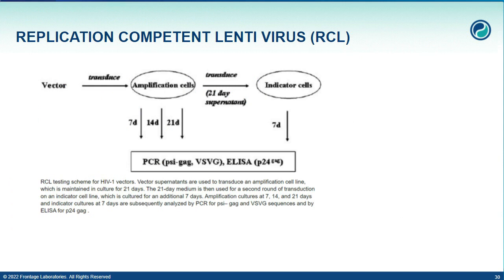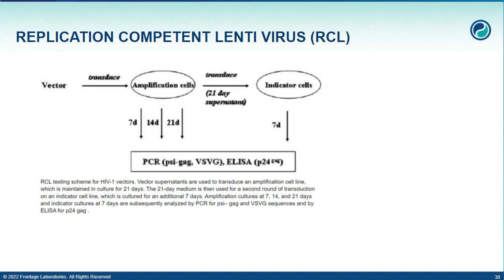As mentioned, the RCL is very important for lentiviral vector release and stability program. So the test started with the vector transduced into the cells, and after 7 days, 14 days, 21 days of amplification of the cells, the supernatant will be collected for Q-PCR on VSVG expression or for P24 expression by ELISA.